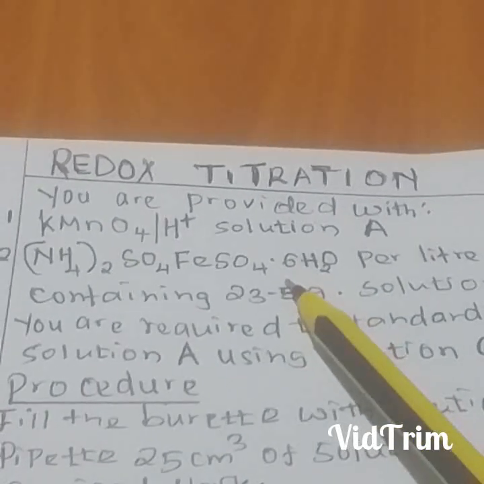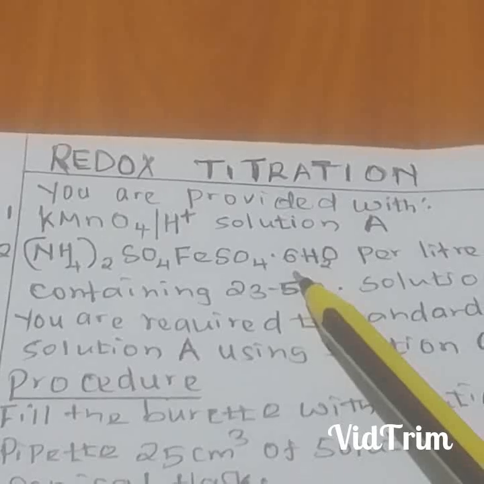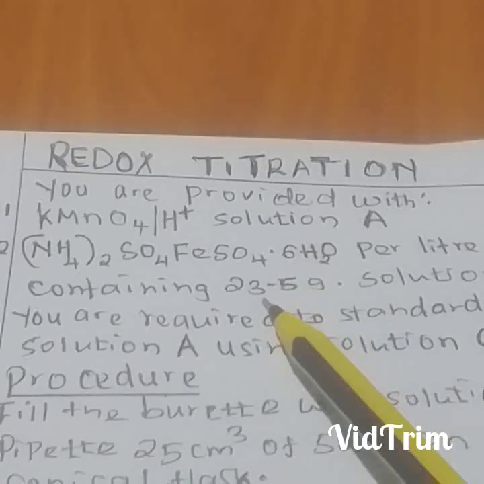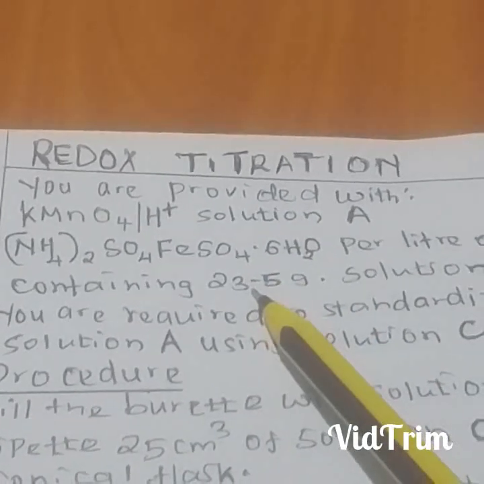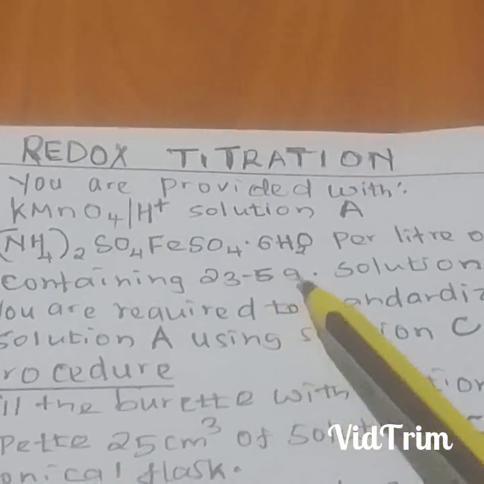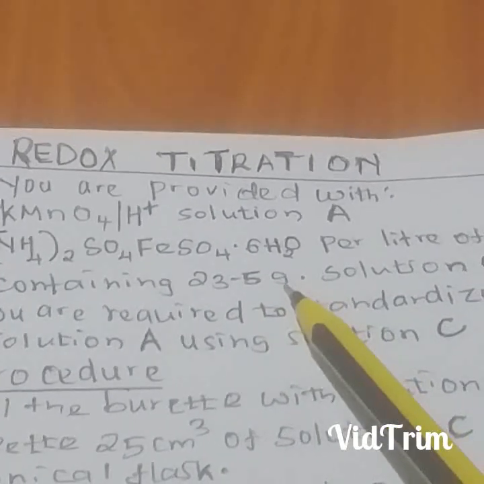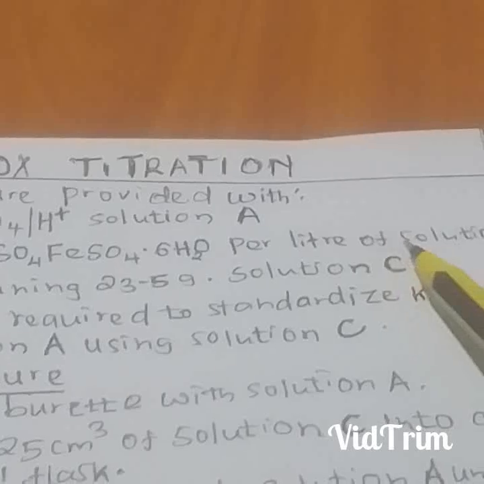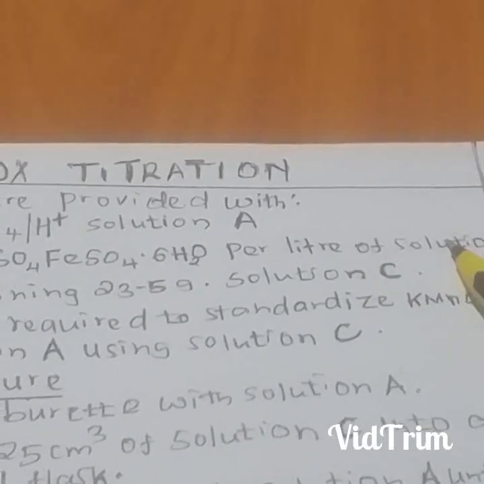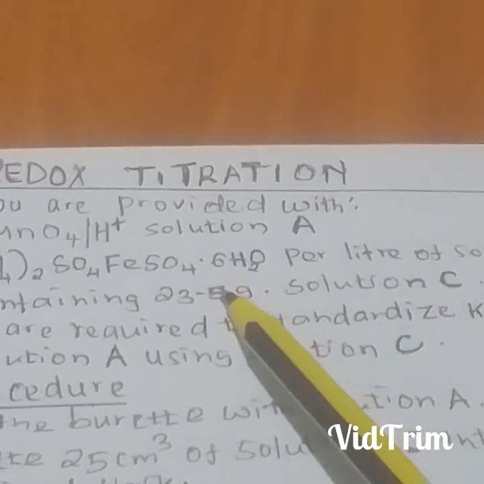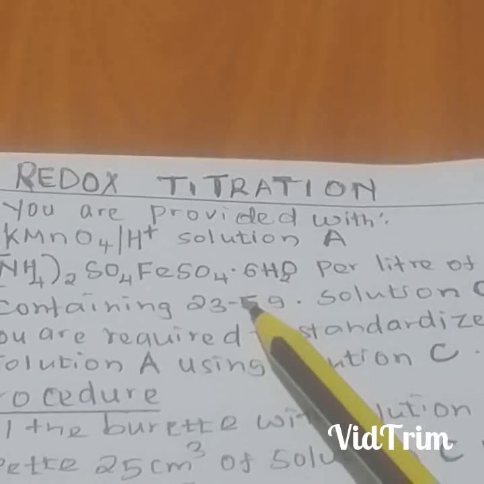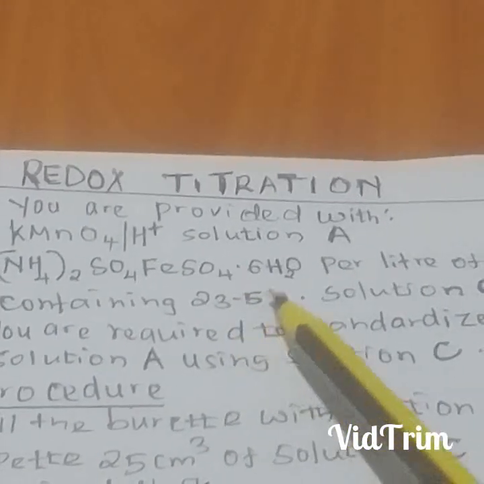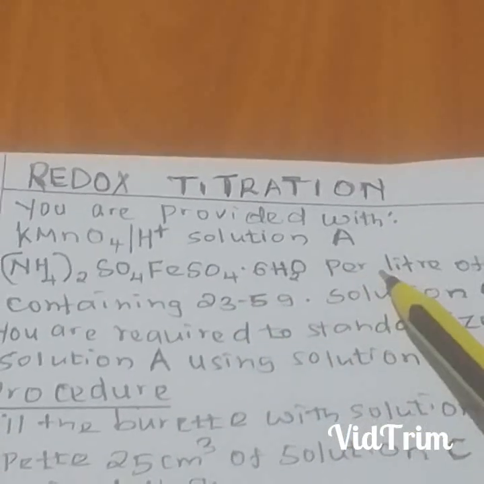This solution of iron(II) salt was prepared by dissolving 23.5 grams of the salt in 1 liter of solution. So the concentration of this salt is 23.5 grams per liter.